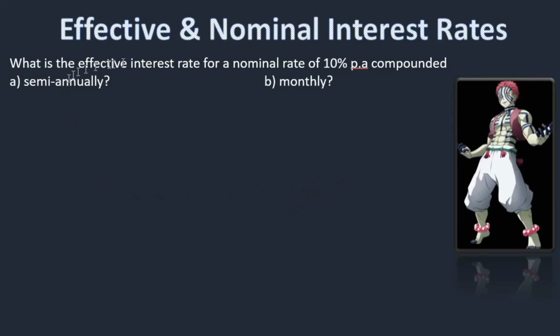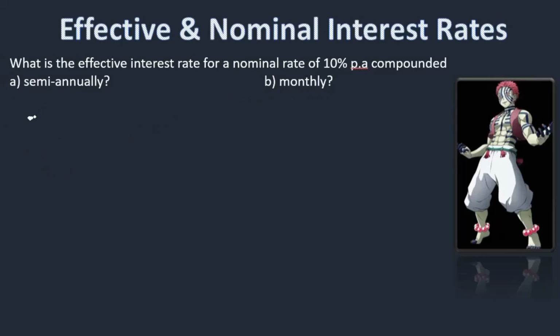Or if I'm taking a loan from a bank and they say we are going to charge you a nominal rate of 10% per annum compounded semi-annually, how much am I actually going to pay, the real effect of my loan by the end of the year? So let's do that.